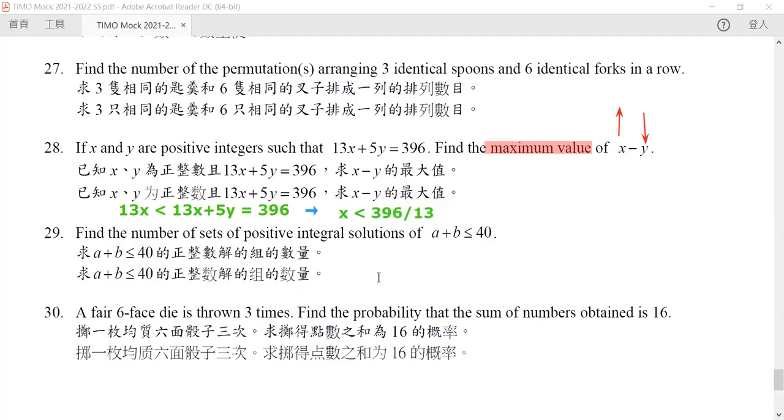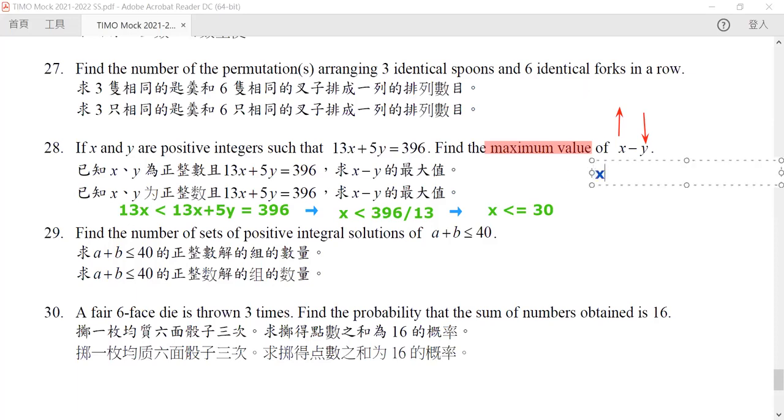So what's the largest value of x? We can see the largest value of x, in here, gives you a bound that x must be less than or equal to 30. But now we can start from 30 and work our way down to find whether it's possible for them to exist.